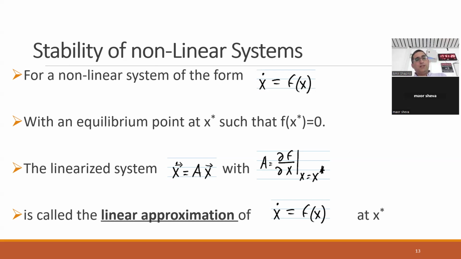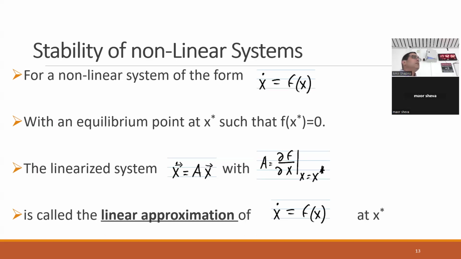So we approximate the nonlinear system into a linear system at that point. Like we do in the definition of derivative or Taylor series with only first order and so on. So every time it's just the first order approximation.